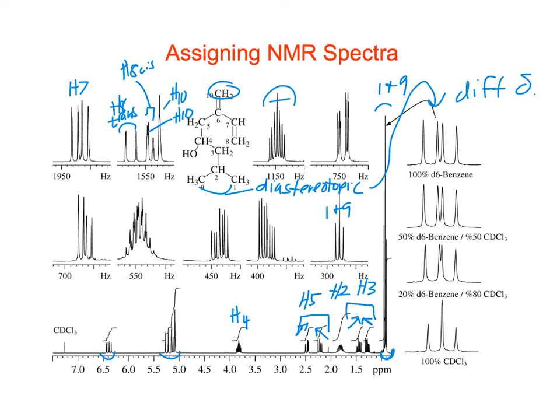Yeah. So look at the integration, and look at the signal for H2. It looks like it's integrating for twice as much as these other ones. It's just 1 proton. So why is it integrating so big for H2? The integration for each of the H5 and H3 peaks should be 1, right? But H2 is only 1.